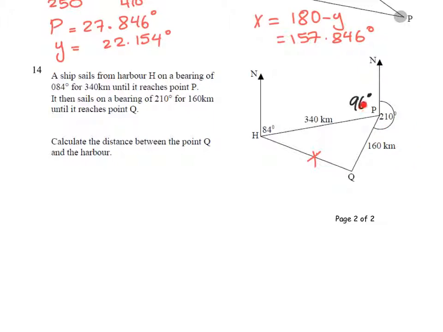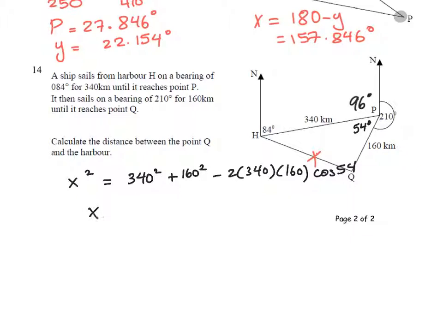So if I know that this is 96 and this is 210, I subtract those two from 360 and I get 54 degrees. So I have an SAS now, so I use law of cosines to find the missing value. Minus 2 times 340 times 160, cosine of the angle between them, and that's going to give me 277.937 kilometers.